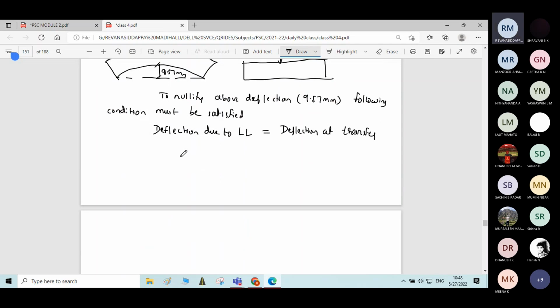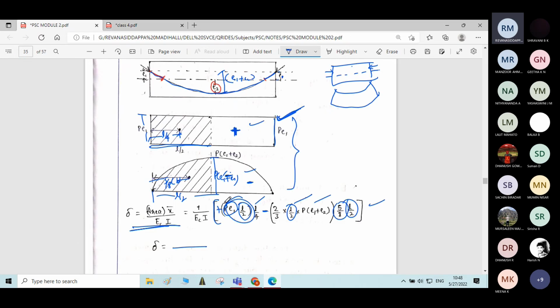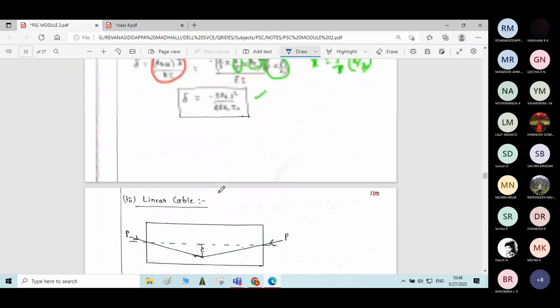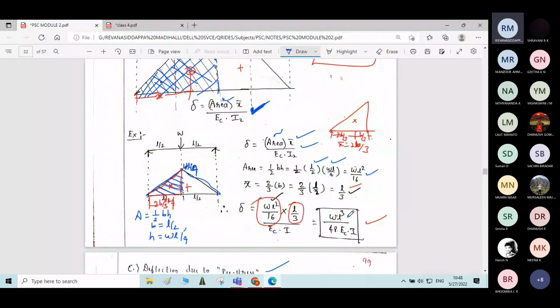What is the formula for deflection due to live load? It is a central concentrated load. For a central concentrated load, we have the formula WL cube by 48 EI. Correct?